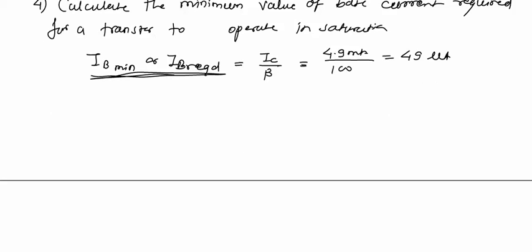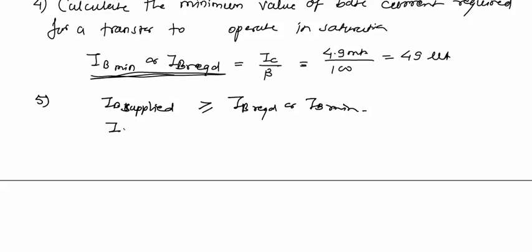Now in the last step we have to just confirm that IB supplied is greater than or equal to IB required or IB minimum, or we can say that IB supplied is greater than or equal to IC by beta.